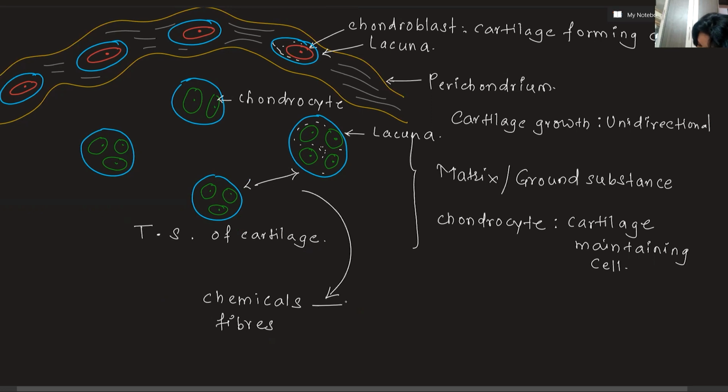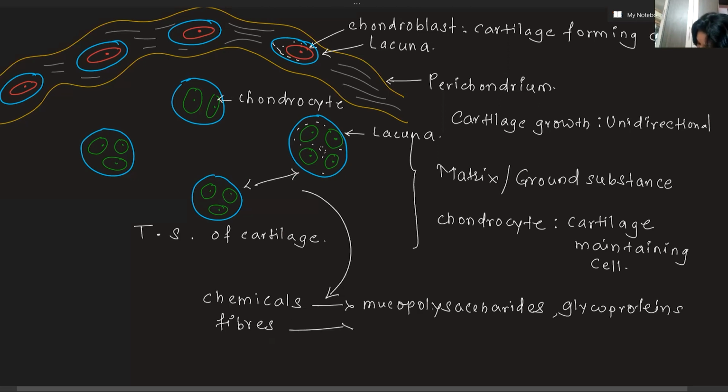Now, which chemicals are seen? Chemicals such as mucopolysaccharide and glycoproteins are deposited in this gap between the lacunae of matrix.